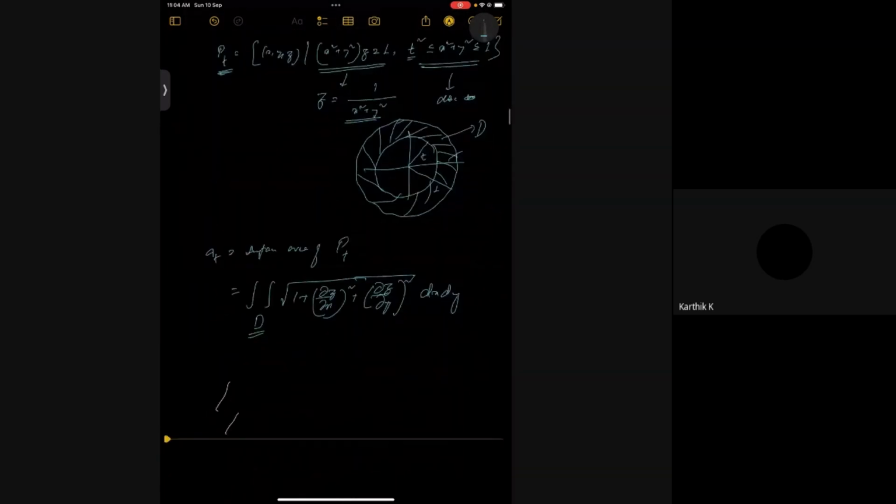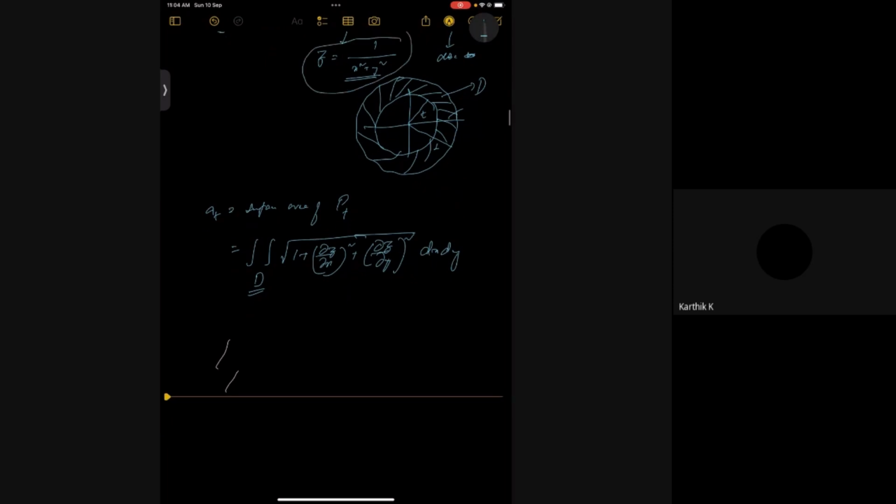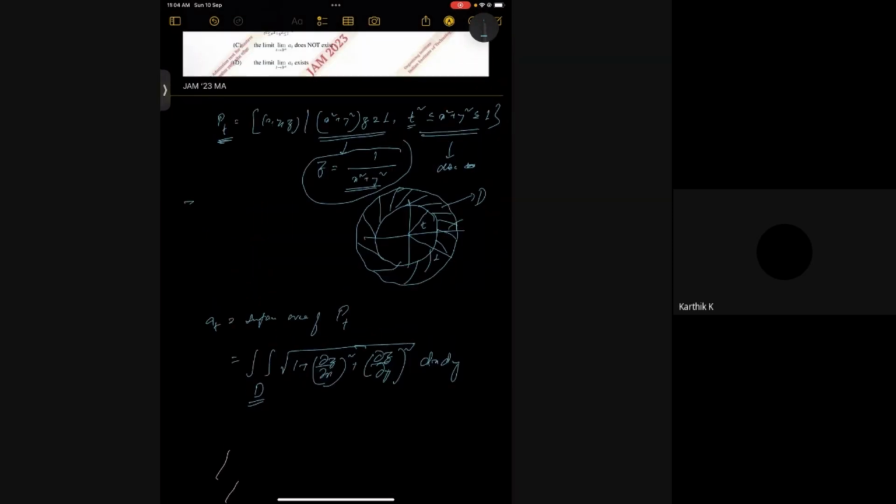And if we compute z_x, so z was this one. So z_x is nothing but minus 2x by (x squared plus y squared) whole squared, and z_y is minus 2y by (x squared plus y squared) whole squared.